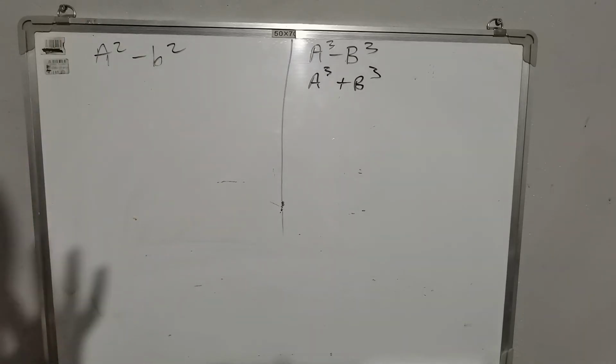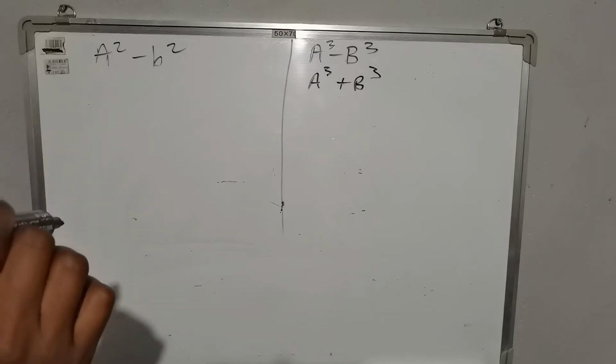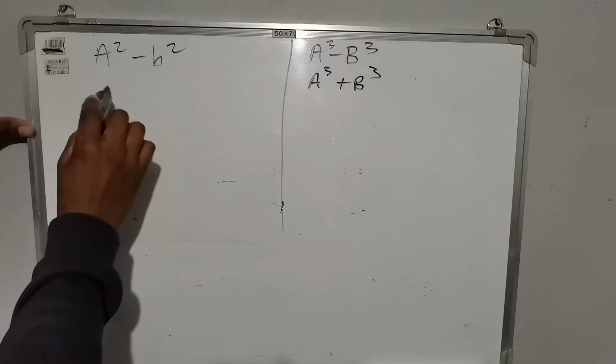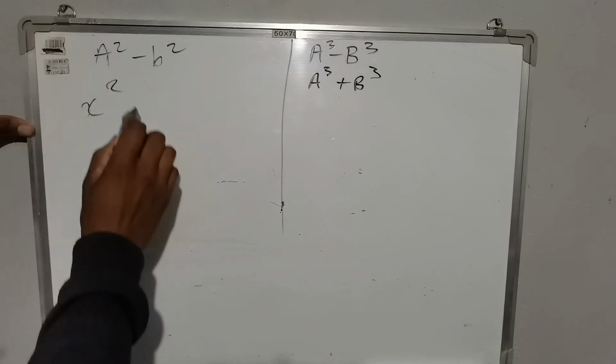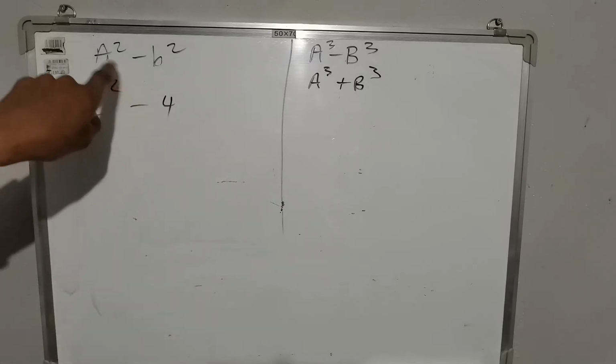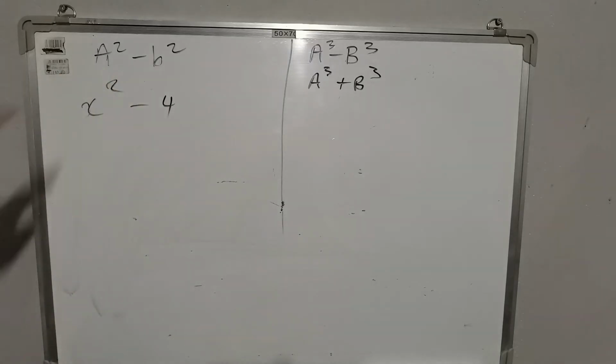Any equation with 2 variables, try to see what you are dealing with, the squares or the cubes. For example, if I say x squared minus 4, that is a square.